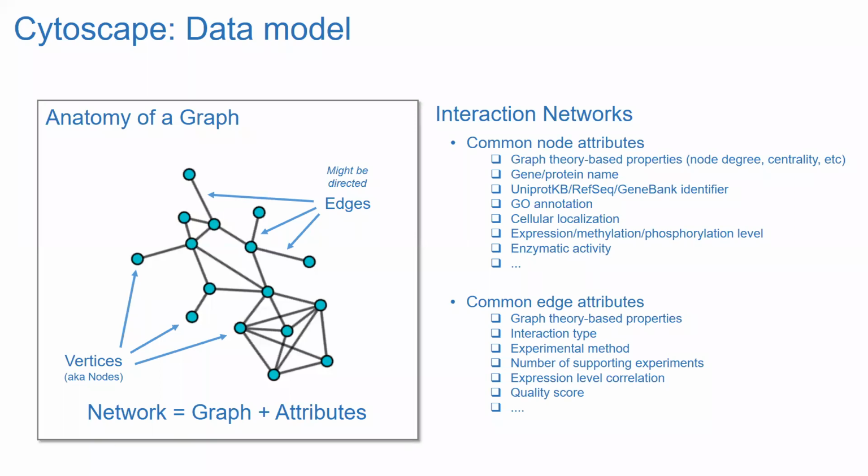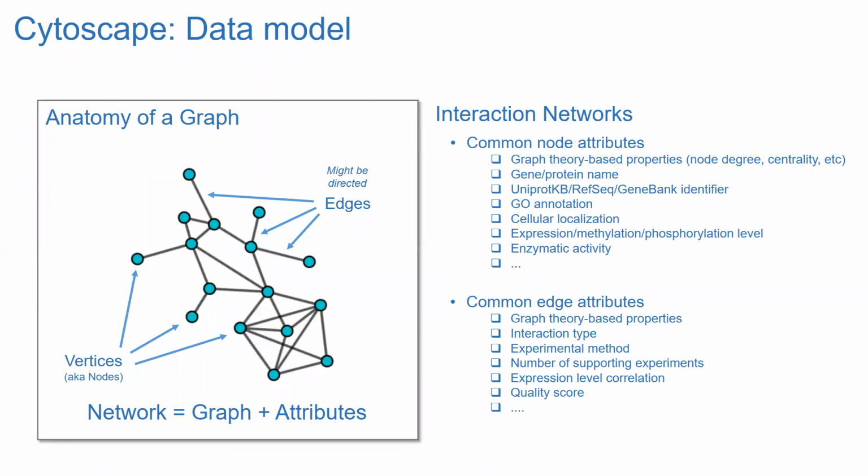They are mostly derived from the mathematical, graph theoretical side, and those things can be used then to somehow infer something about individual proteins or edges, how important they are, how they fit within the larger network, and things like that.